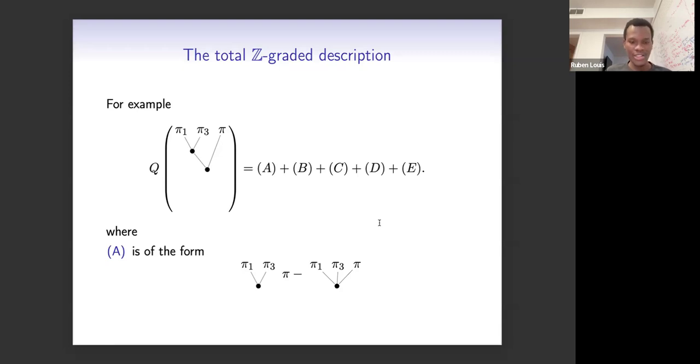For example, if you evaluate it on the tree with three leaves like that, this Q applied to these three leaves is given by some of those terms here. For example, A is of the form the tree with two leaves, and you multiply by pi. Then you subtract the tree with three leaves like that. Again, it gives you something very explicit.